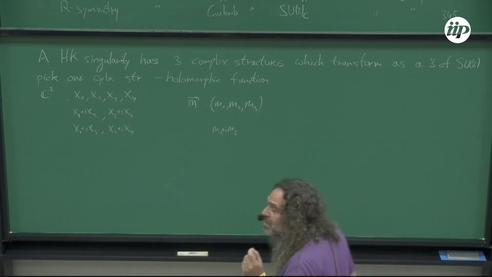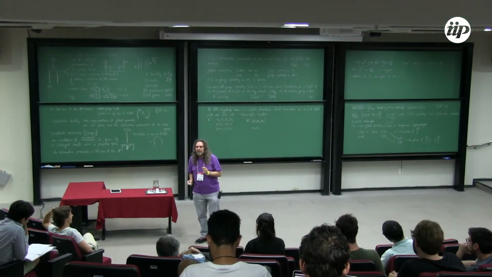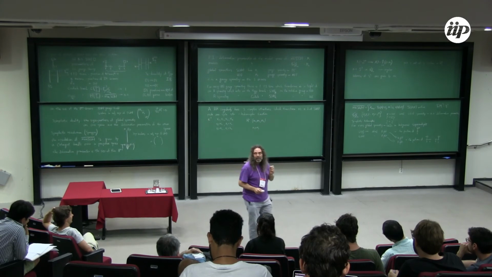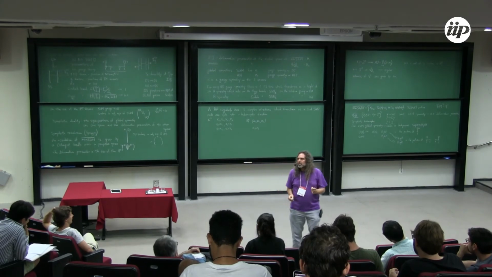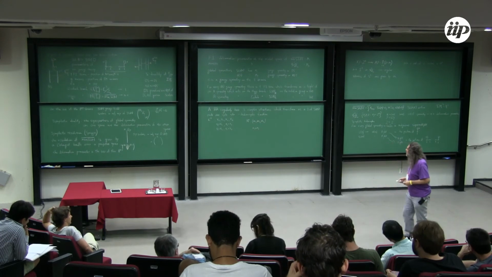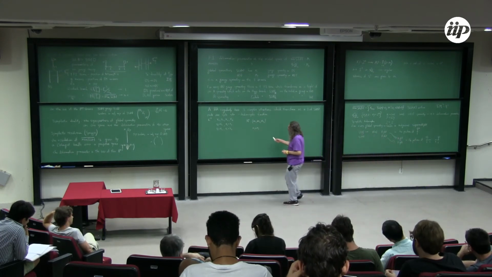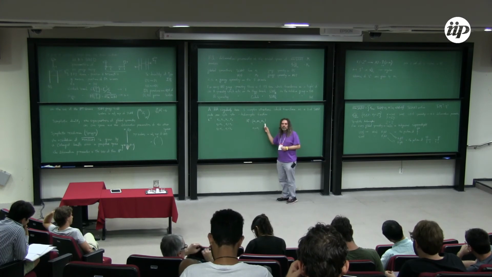Now, the reason you're asking your question is because you are mostly used to working with Calabi-Yau singularities. There is a Kähler space over there, not hyperkähler. So I don't have a triplet of complex structures, and therefore I don't have this distinction.